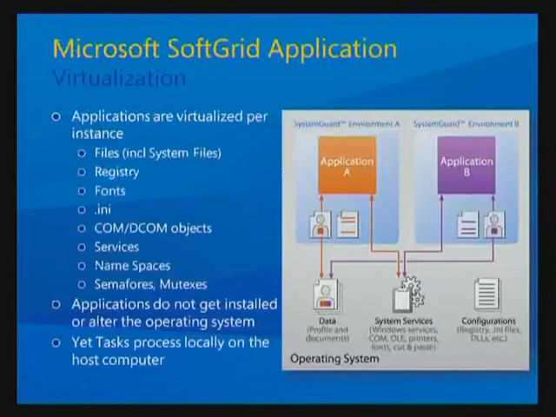A brief side note on SoftGrid, which a lot of people talk about in reference to application compatibility. In essence, it puts a little bubble around the application that virtualizes the file system and the registry, so that if you try to write something, it writes to its own place. It is exceptionally good at resolving issues where there is application-to-application interaction.